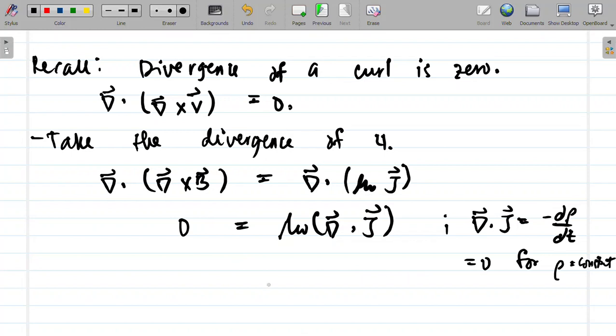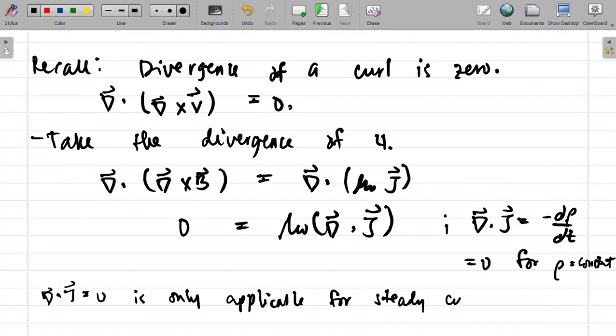So, del dot J equals 0 is only applicable for steady currents or magnetostatics. So this becomes 0 equals 0 for magnetostatics only.